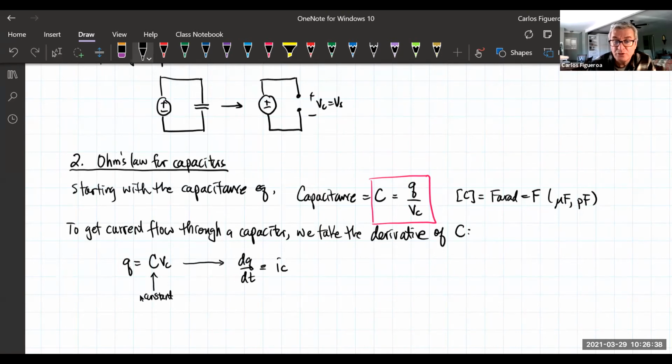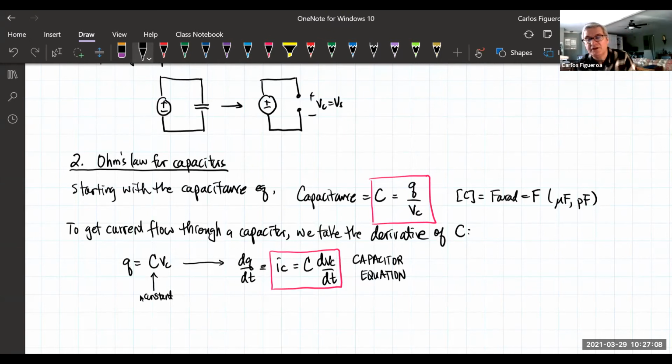Remember, it's not through the capacitor, it's before the plate and after the plate. And this is going to be C dV/dt. This is one of the main equations for the rest of this chapter. This is what I call the capacitor equation.